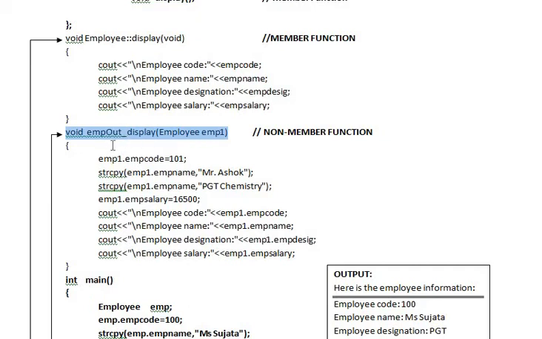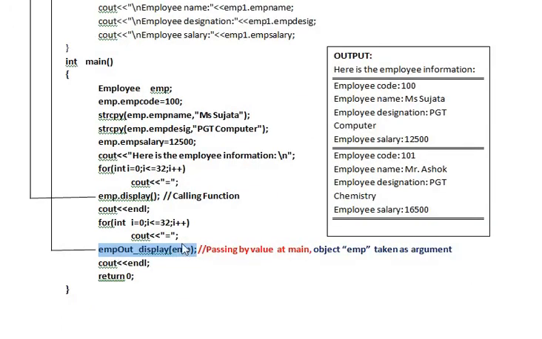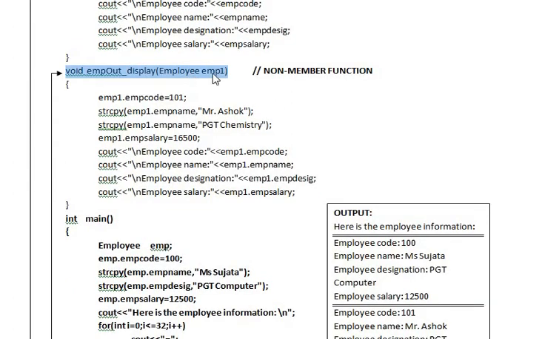Again, in this called function emp_out_display, you also have a parameter. The parameter name is emp1. Now look here: the parameter name in the calling function was emp, whereas the parameter name in the called function is emp1.